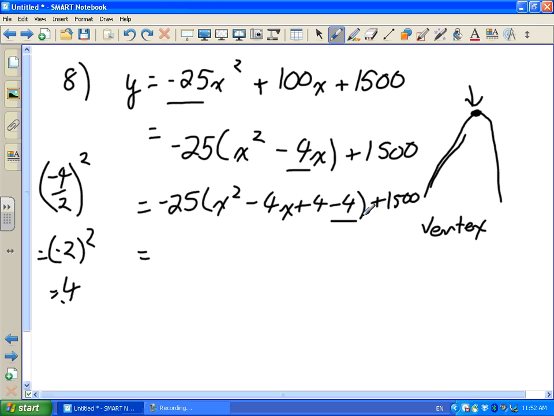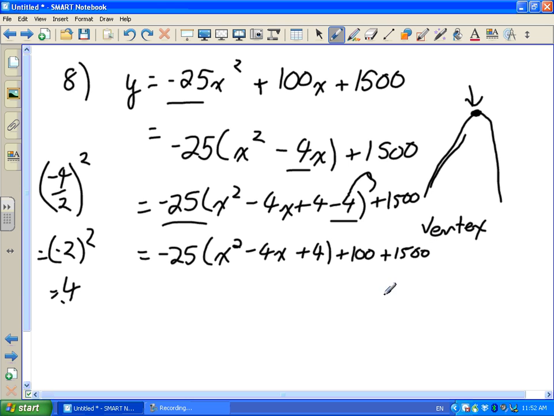Now remember, we have to take the negative 4 to the outside. But in order to do that, we have to multiply it by the first term, 4x plus 4. Negative 4 times negative 25, 100. It becomes 100 on the outside, plus 1,500.